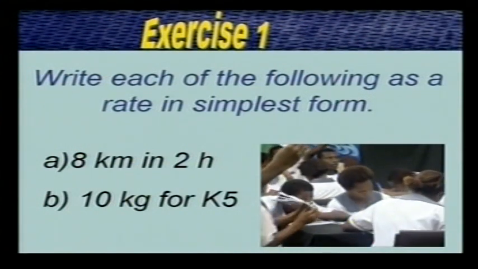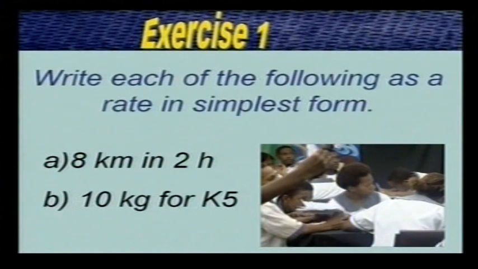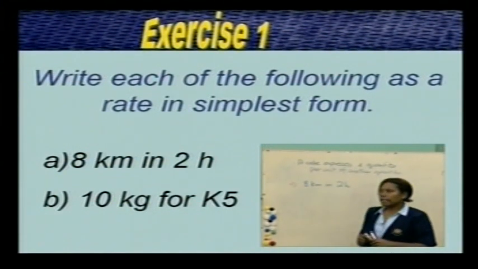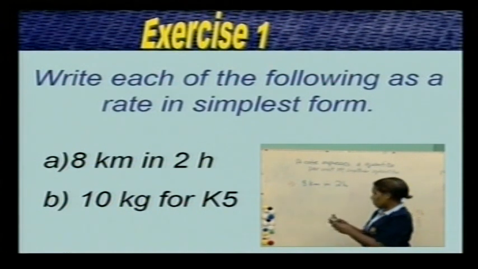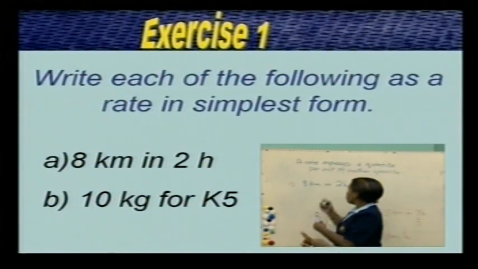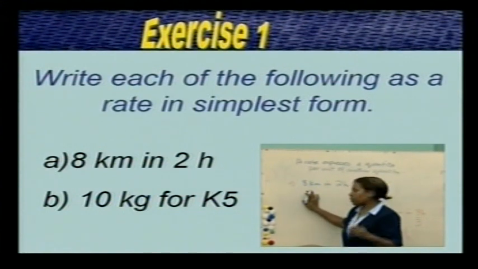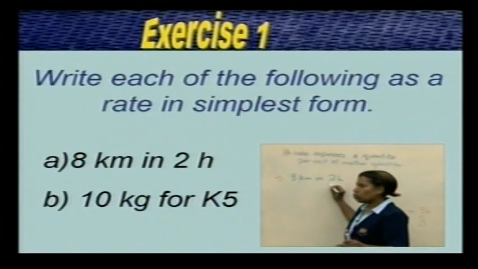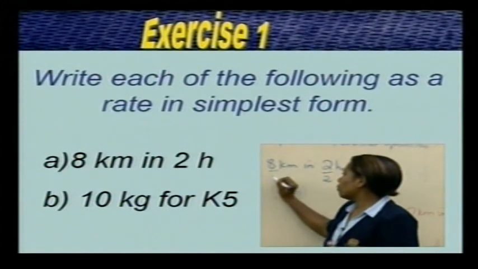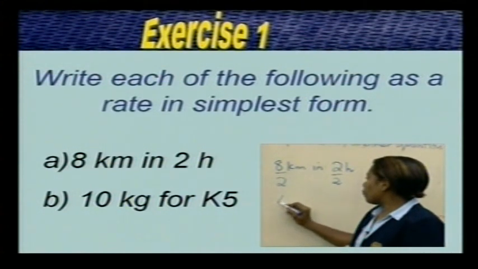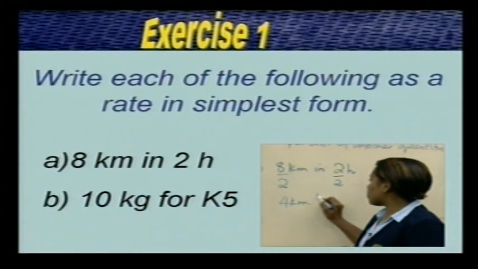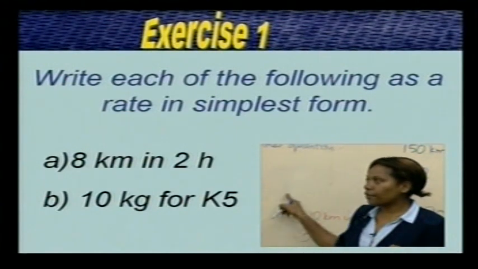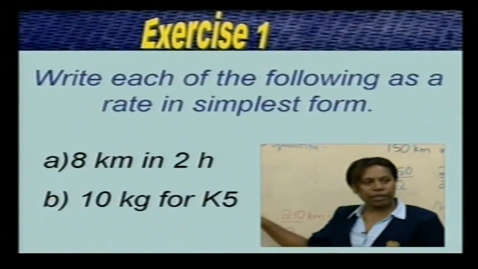In 2 hours, how many kilometers per hour will that be? Okay, what are we going to do here? Simplify or divide? All right, divide by 2. Okay, you have 4 kilometers per hour. Okay, give yourself a tick. That's A, correct. 4 kilometers per hour.